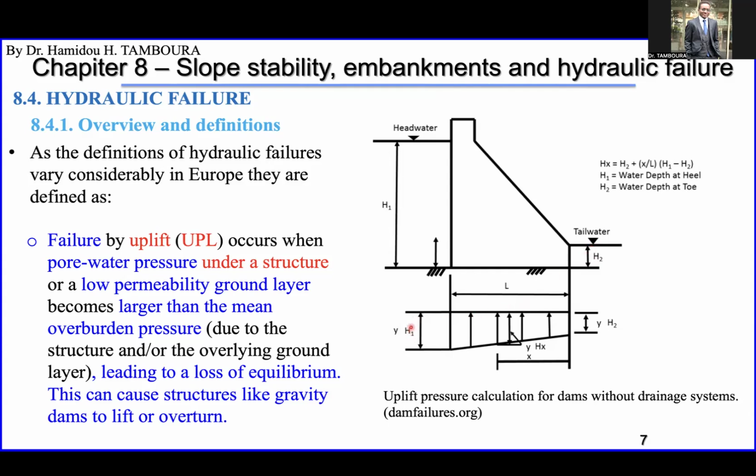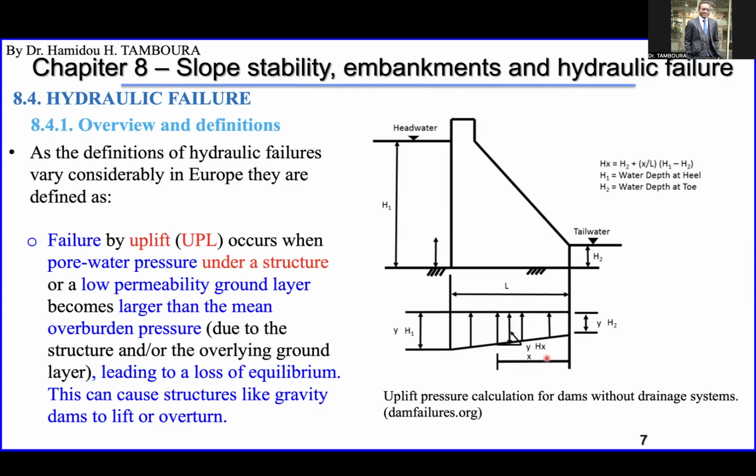The pressures here and here are easy to obtain. But Hx, the pressure at any given point, is obtained using this equation, where x is on the x-axis. So you can determine the pressure at each position.